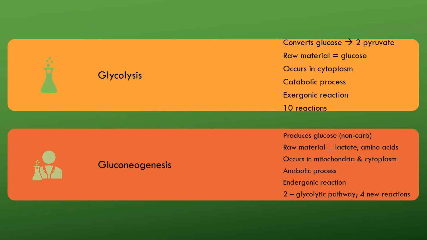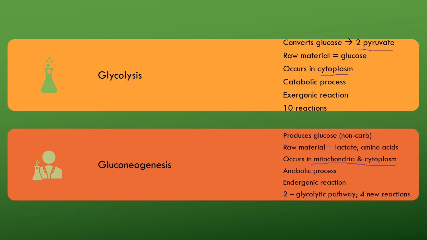Okay, once again, some more differences we have here. Glycolysis converts glucose into 2 pyruvate. The raw material that's used is glucose, and it occurs in the cytoplasm, while gluconeogenesis occurs in both mitochondria and cytoplasm.